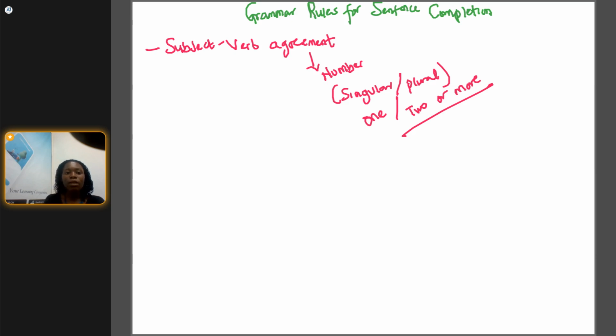That means if your subject is one, your verb must agree with that one subject. You cannot have two subjects and your verb is indicating that your subject is one. You cannot have one subject and your verb is indicating that your subject is more than one.